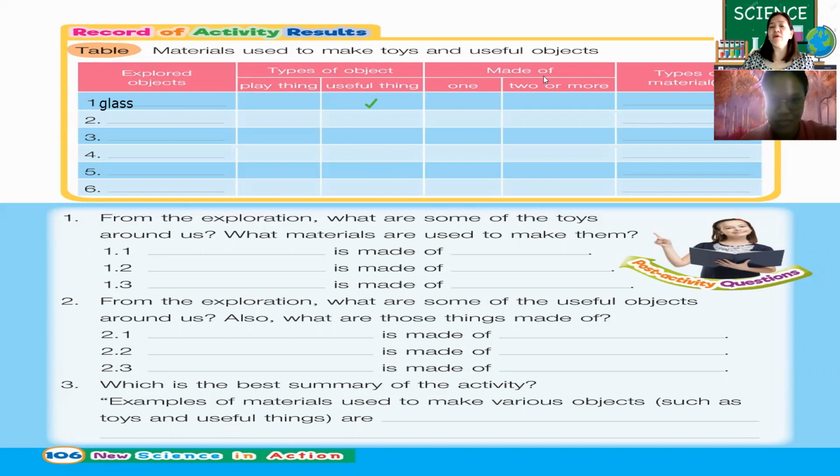Is it made of only one material or two or more materials? It is made of only one material. And what type of material is it? If it is made of only one material, obviously it is glass as well.